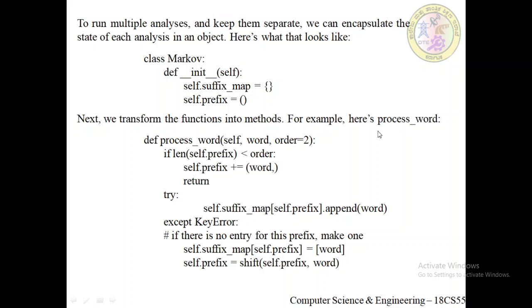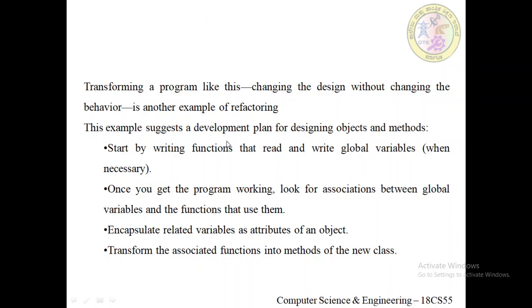For example, there is a function called process_word, which has been written within the class Markov itself. So only this class can modify these values. Transforming a program like this, that is changing the design without changing the behavior, is another example of refactoring.